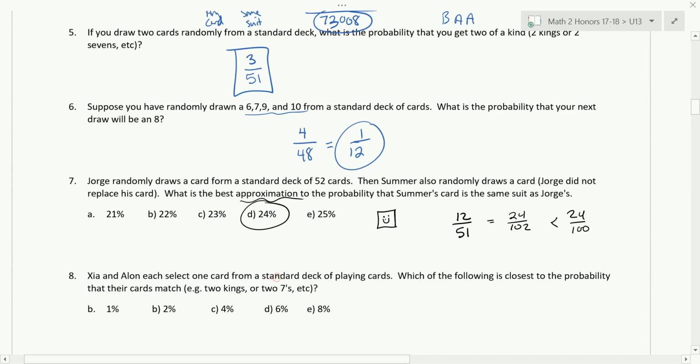Number 8 is very similar to number 5. Question? Oh, what do you get if you go 12 over 51? What does it give me as a decimal? Is it 0.2313?